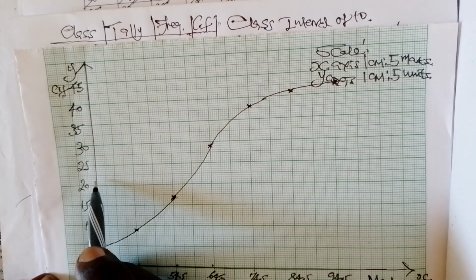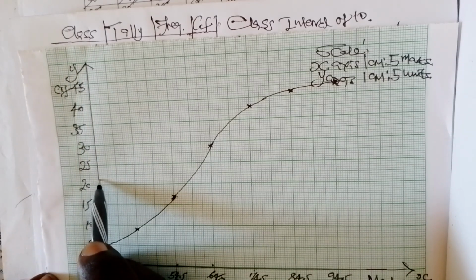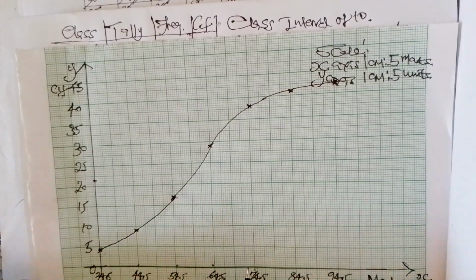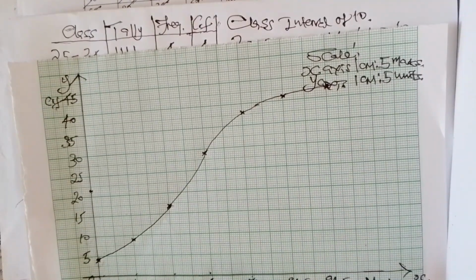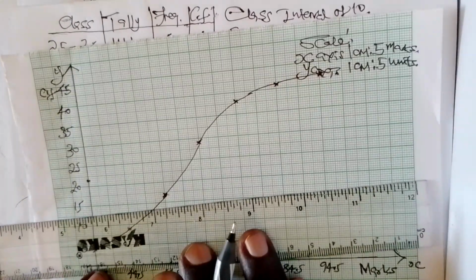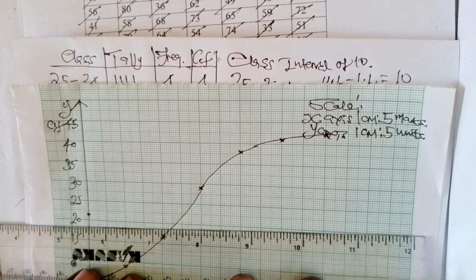You can count 1, 2, 3, which is there, and then get your ruler and draw a horizontal line.